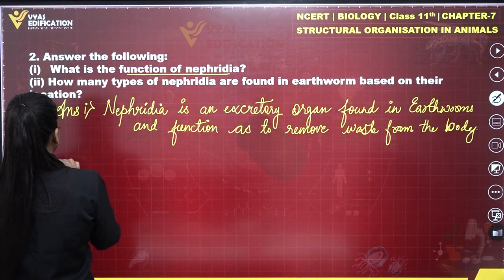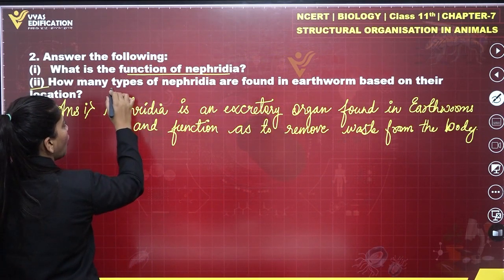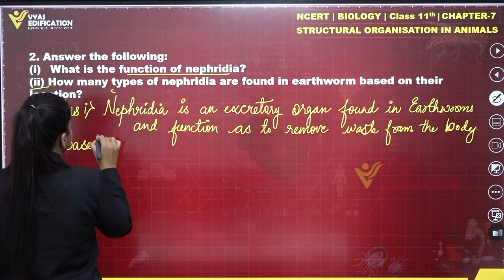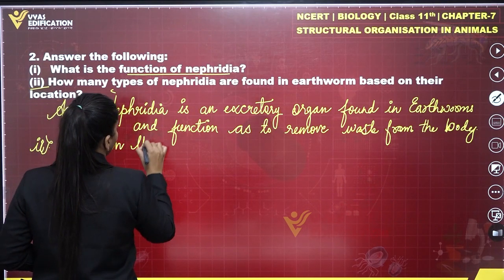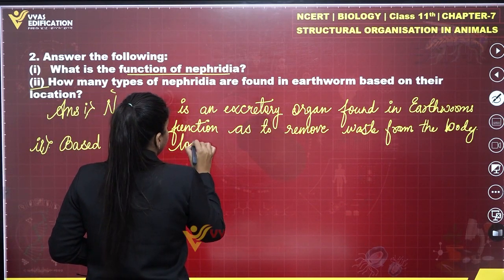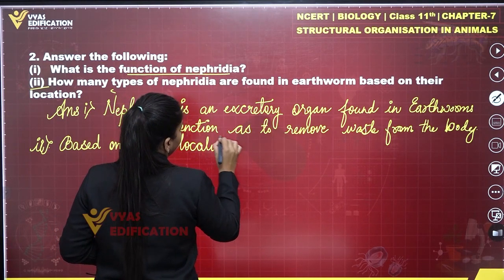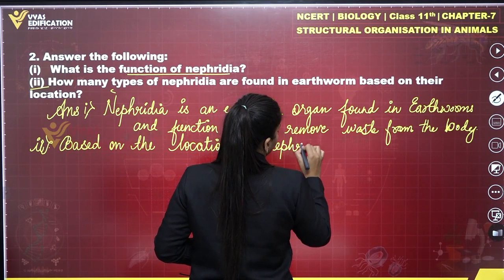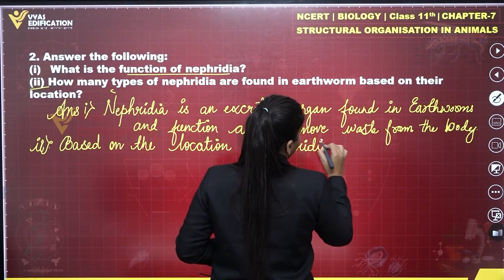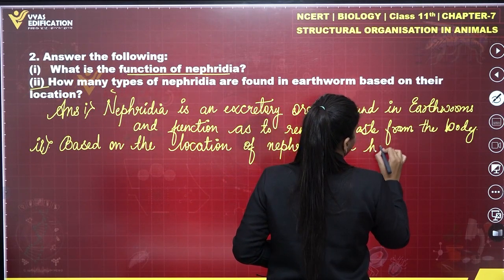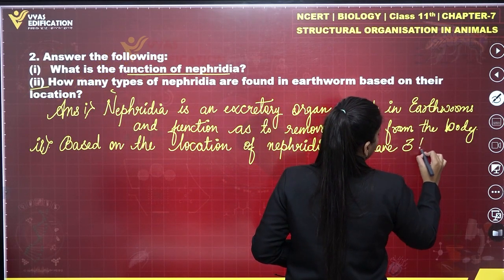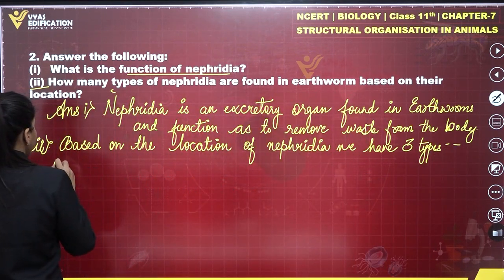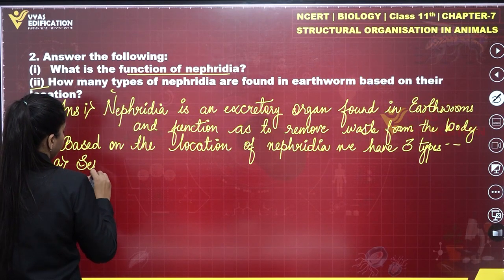So basically we'll write like this: based on the location of nephridia, we have 3 types. The first one we have is septal nephridia.